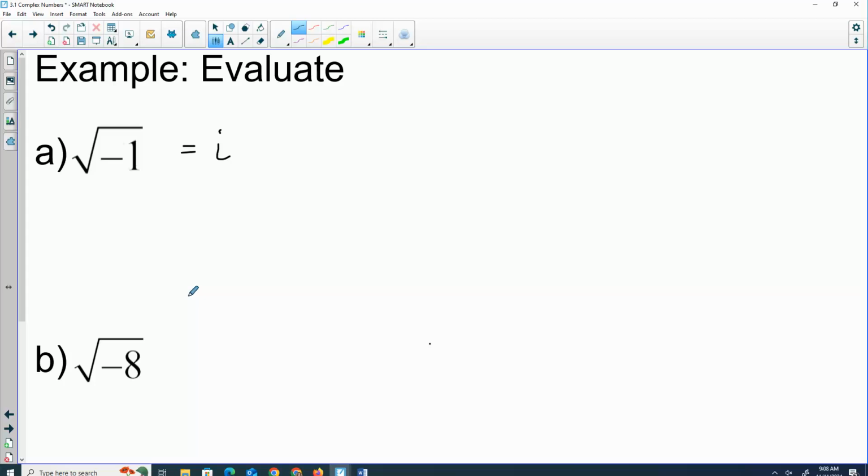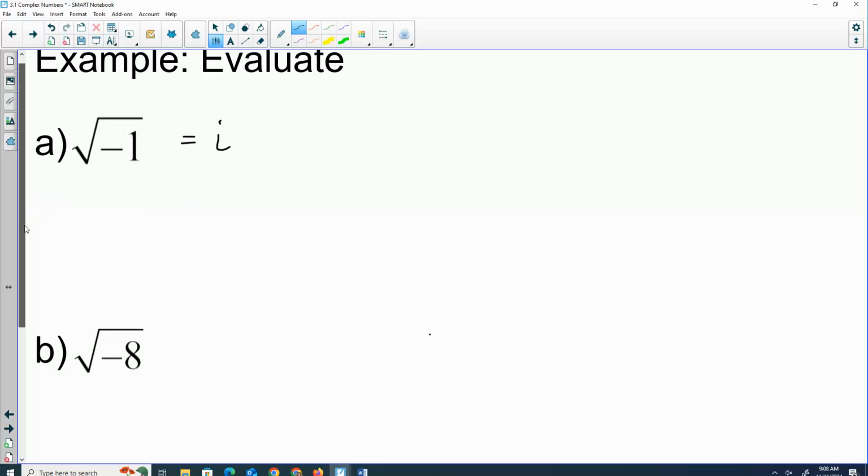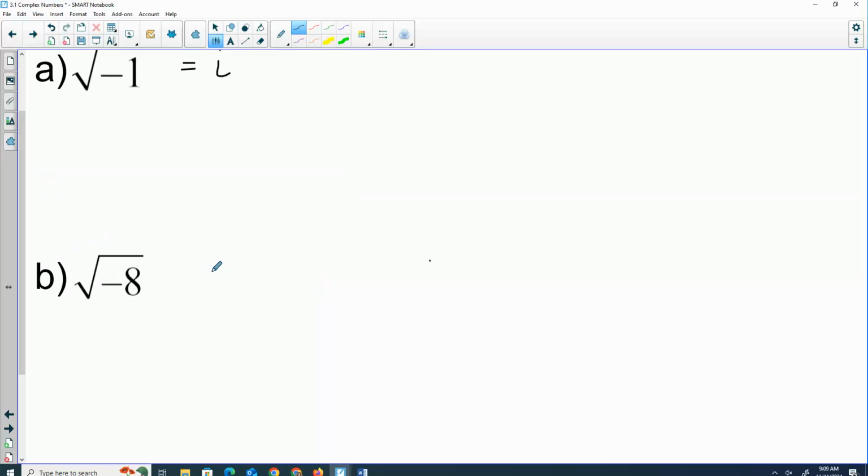If I say the square root of -8, okay, you can't do that on your calculator. If you type it in, it's just going to tell you domain error. Because of the negative, what am I going to have in my answer? An i. How can I break down 8 using radicals? 8 is 4 times 2, the square root of 4 is 2, and we still have a square root of 2.